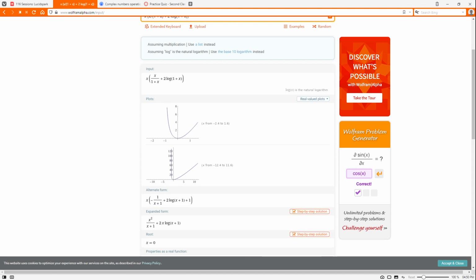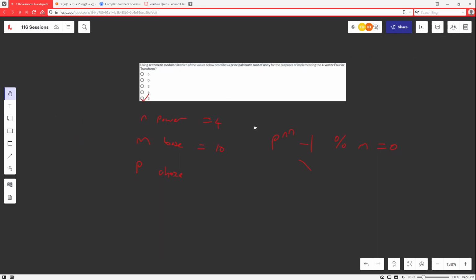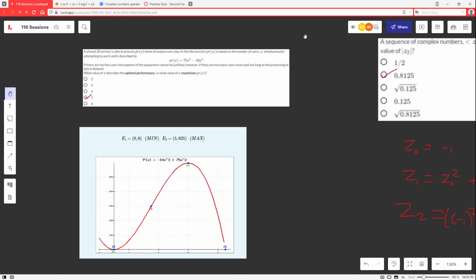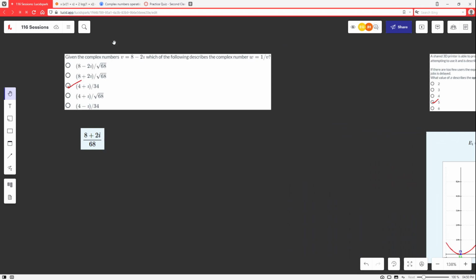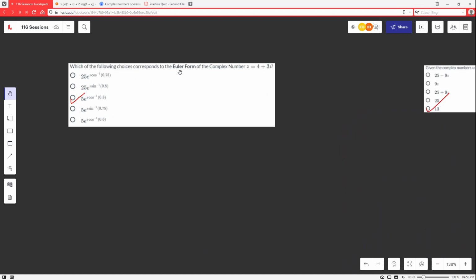There's a question. The Euler form. Let's go back to that. That was to the left, wasn't it? One of the first ones. Wait, yes. This one? Yes. Which of the following is the Euler form of the complex number? So you don't put the full expression. You just put the trigonometric part.